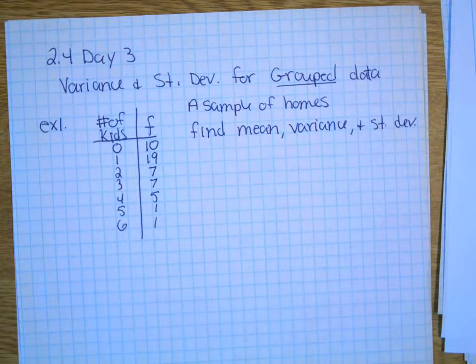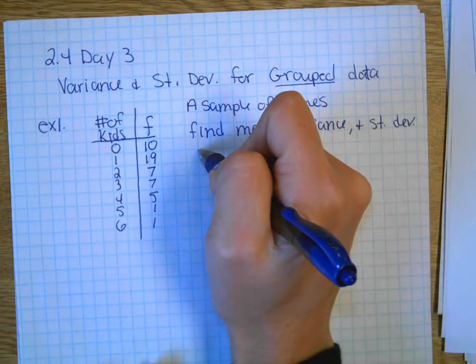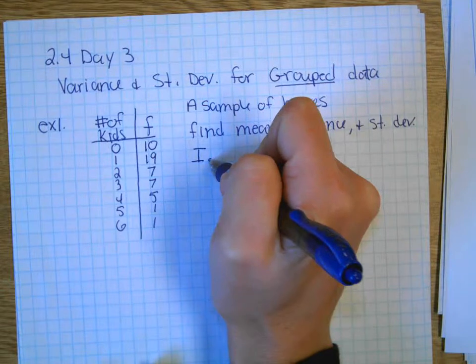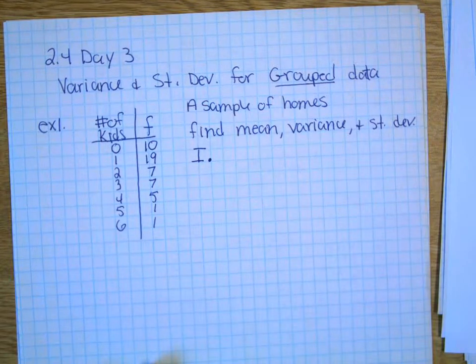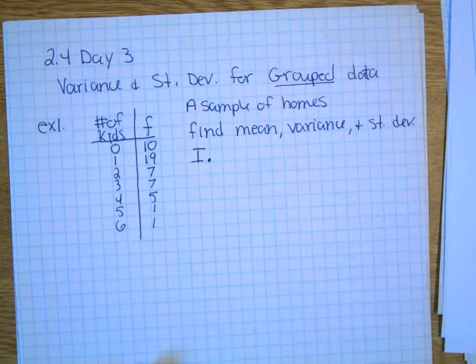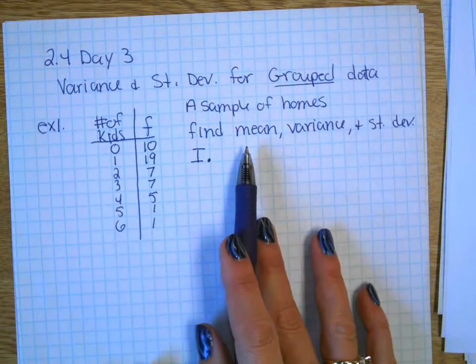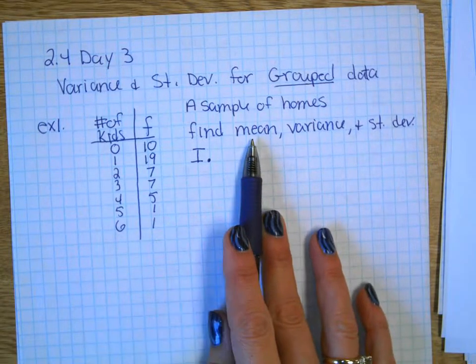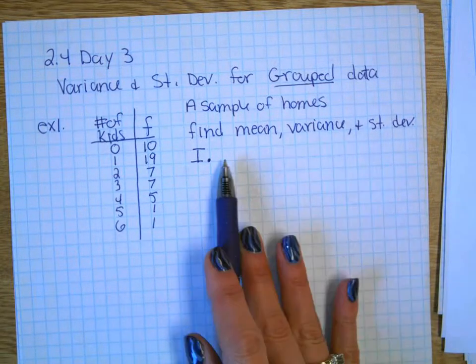Okay, method 1, which I don't recommend. But if you forget the shortcut way, you can always go back to the long way. We wanted to find the average number of kids per house and the variance and standard deviation.